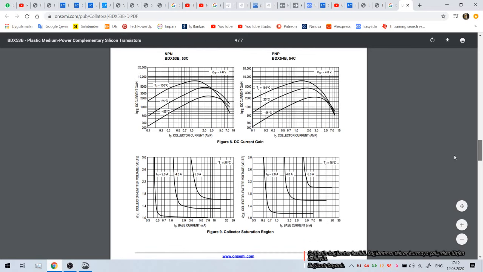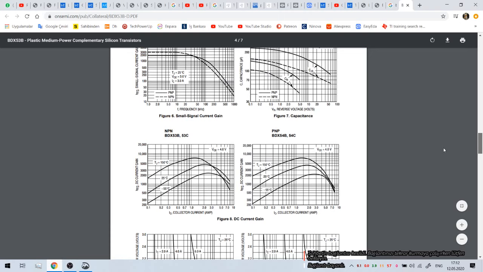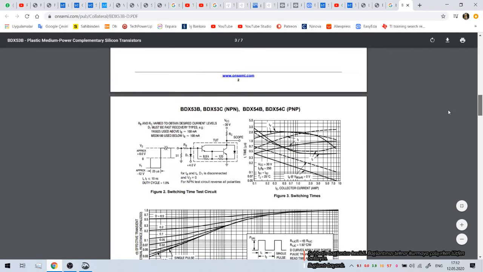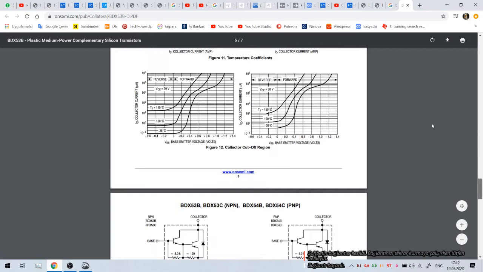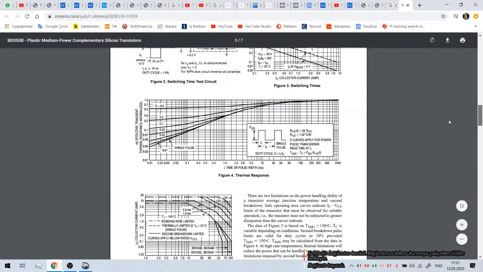Yes, base current versus collector emitter voltage, and HFE DC current gain versus collector current. Are there any graph for VBE and IB?